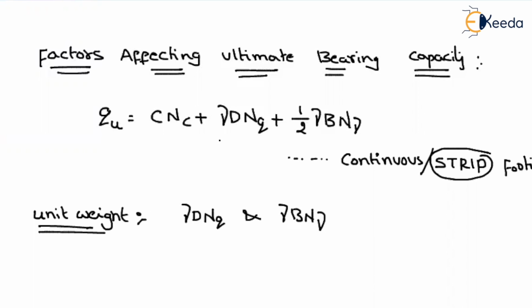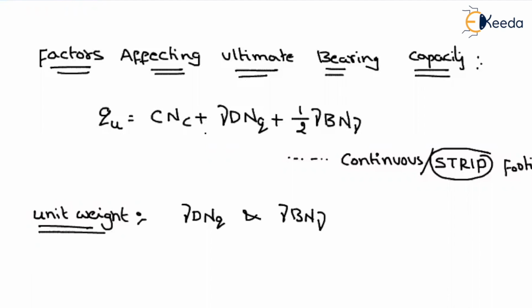Compare the dense soil and the loose soil. The dense soil will have more unit weight, and the loose soil will have less unit weight. So if your gamma increases, in this equation obviously your ultimate bearing capacity will also increase. If your weight density decreases, then your ultimate bearing capacity also decreases. It is directly proportional, isn't it?